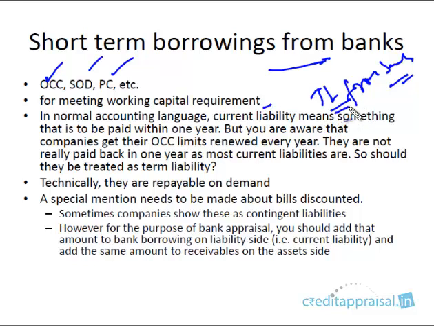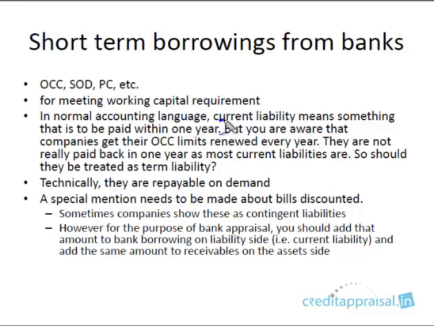The loan is not due for repayment within the next 1 year. Whereas these facilities are due for payment within the next 1 year. Though in actual practice these facilities get renewed and rolled over, we'll see shortly why they are classified as current liabilities. But for the moment, understand that working capital limits such as OCC, SOD, PC are short-term borrowings from banks.